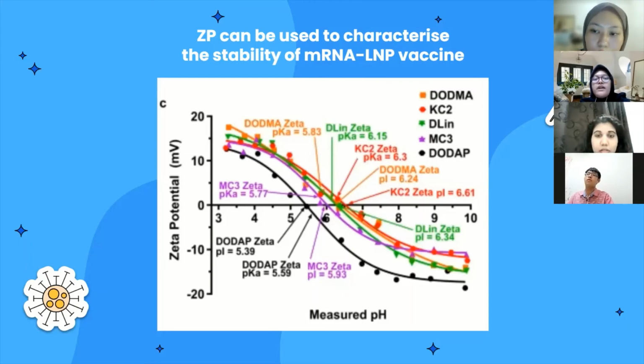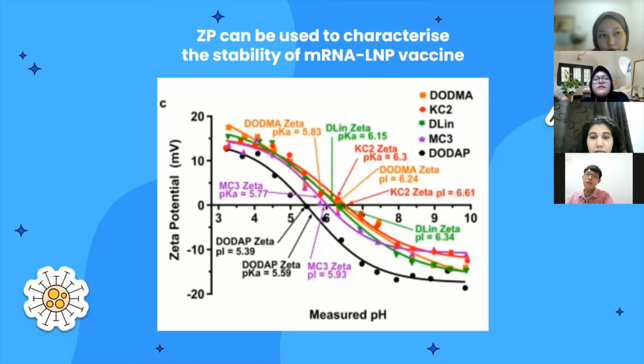But if you want to make a stable but highly negative vaccine, we need to choose the pH where the zeta potential is more negative than negative 10 millivolts. So I would like to conclude that zeta potential can be used to make a stable vaccine based on the surface charge.